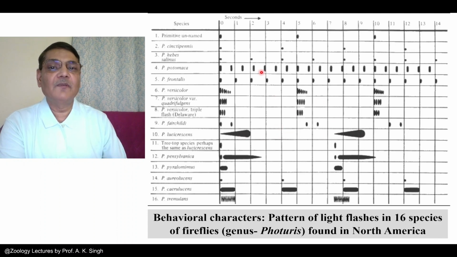So the pattern of light emission in these fireflies varies, and it is a case found in genus Photuris. Okay, and all these species are found in North America, and the pattern of light emission during evening is shown in them, and that forms the basis of their identification.